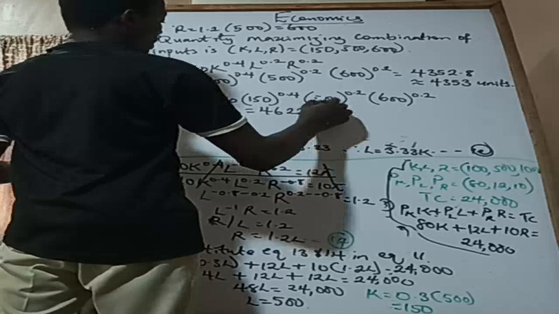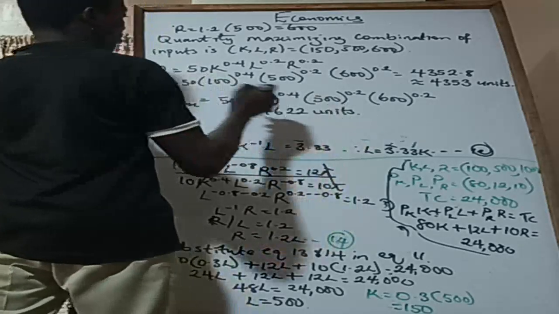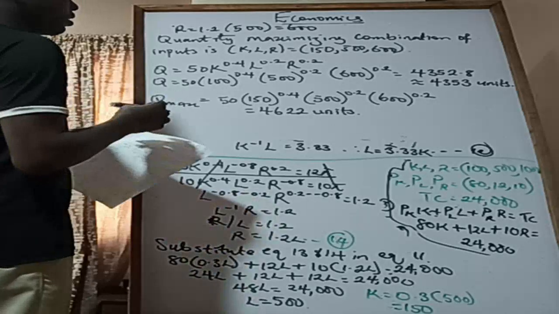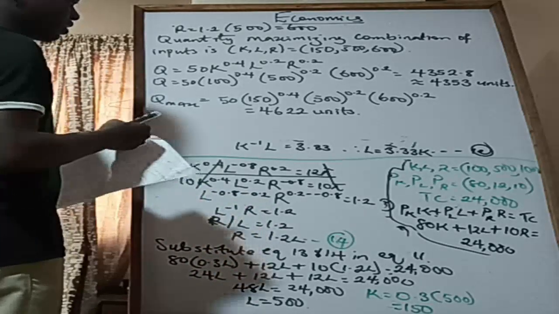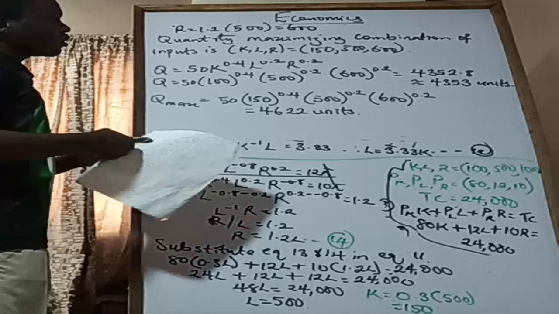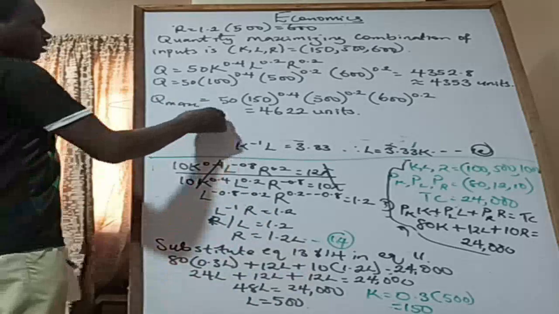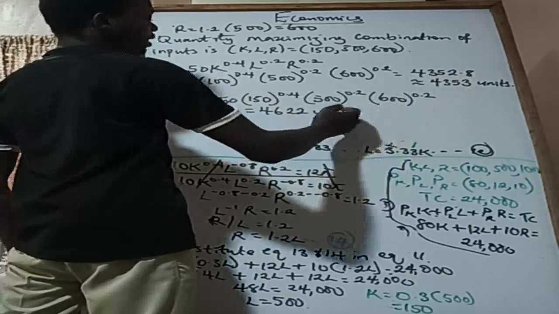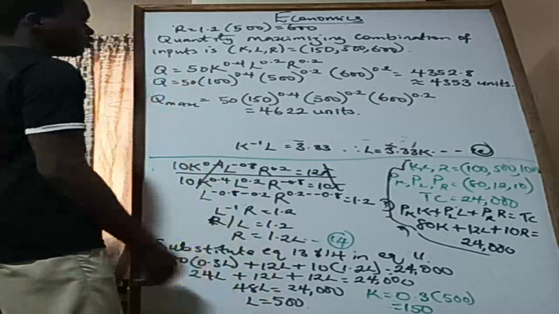4622 units. So the business on its own is actually doing pretty okay, but it is falling short by almost 300 units whenever it is producing. Instead of producing 4622, it's only producing 4353. Just subtract this and you get the balance.